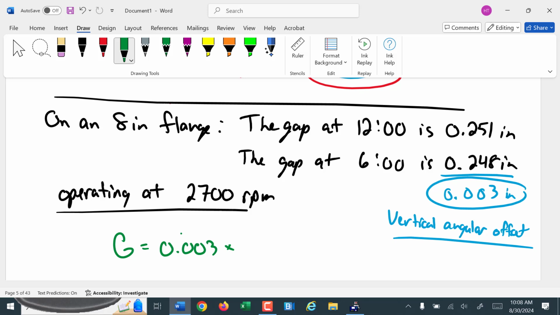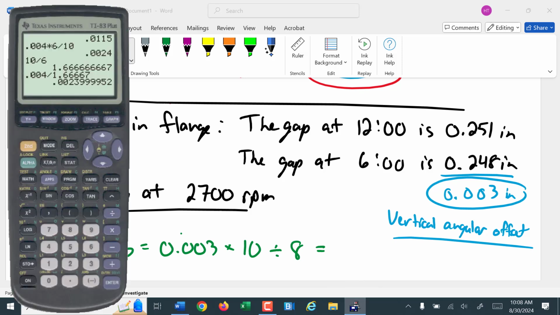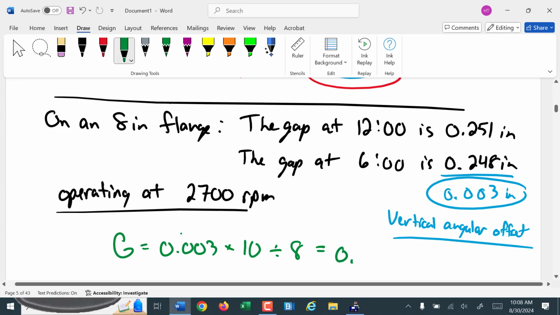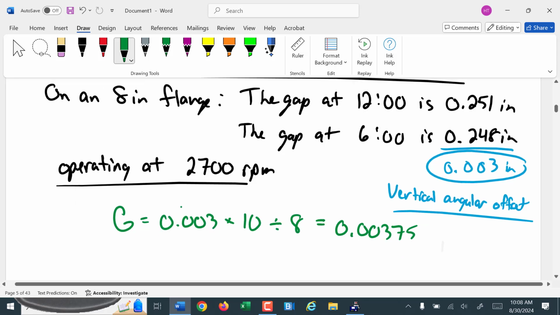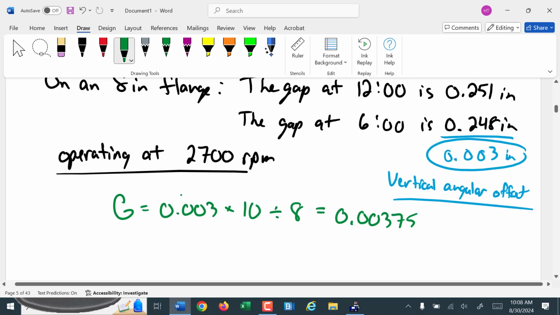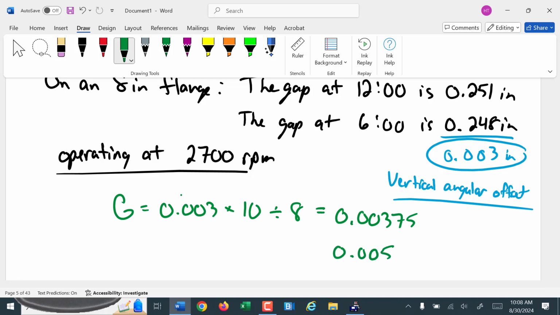So we go into our formula, 0.003 times what? The table is set for what diameter flange? 10. Then divided by the actual flange of 8. Good. So 0.003 times 10 divided by 8. We get 0.00375.